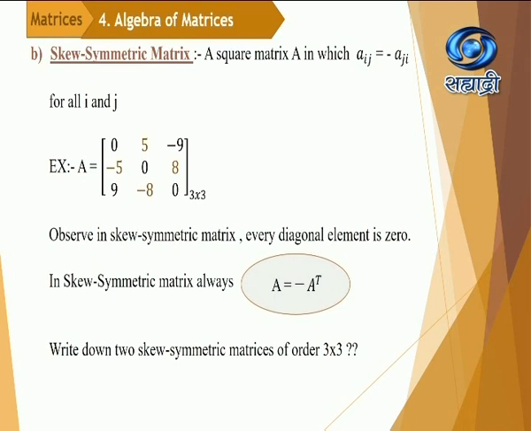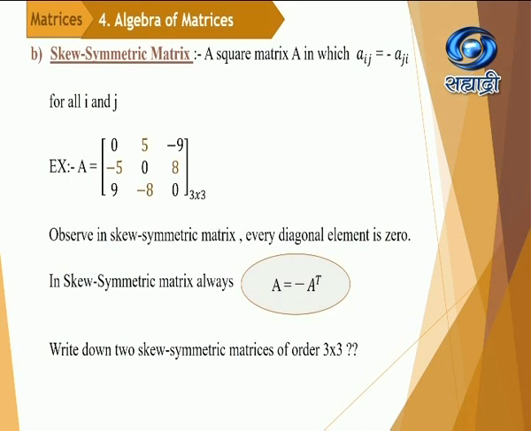This matrix is again 3 cross 3 order, but here you have to locate one more thing: diagonally, all zeros are there. So observe in a skew symmetric matrix every diagonal element is 0. In a skew symmetric matrix always A is equal to minus A transpose.